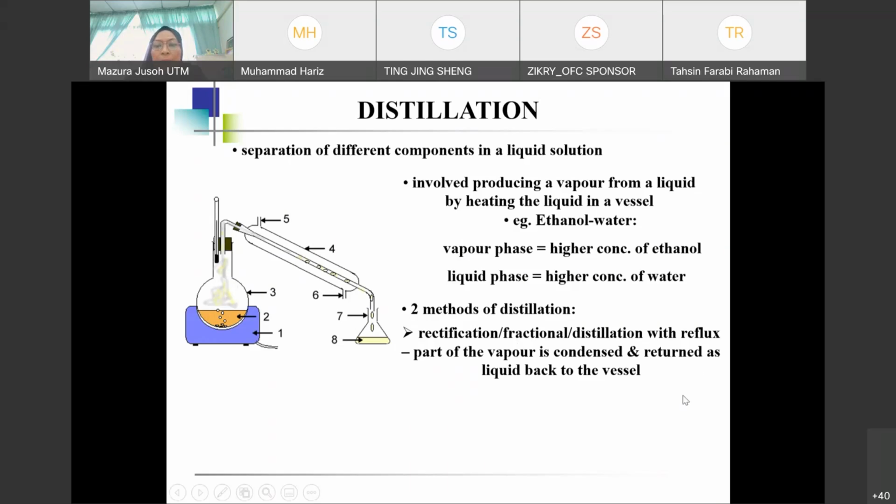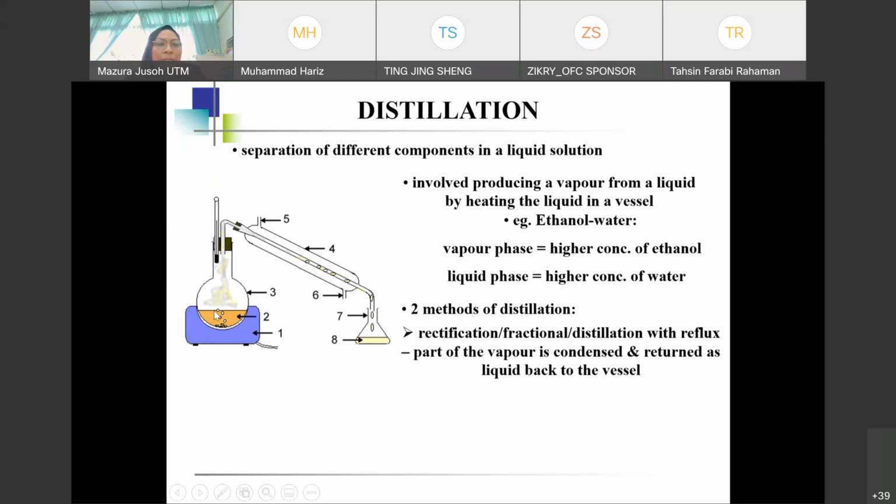I'll show you the diagram or schematic drawing of a column, not like this. This is what you had in your lab during your high school, during your SPM. You heat this vessel, the round bottom flask, and the liquid in here gives you vapor, and the vapor will be condensed, and you get the pure component of the more volatile component.